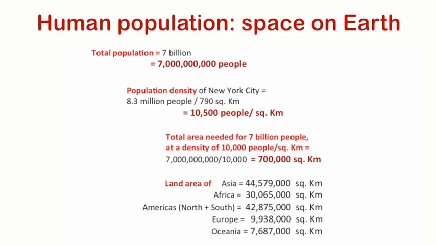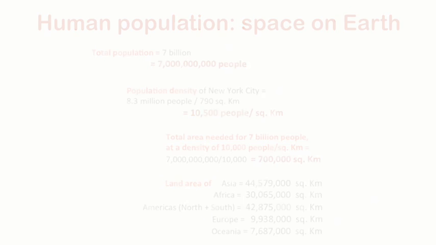So space on the surface of the Earth to accommodate the human population is not really the limiting factor. Instead, it's the impact of the human population and human activity on the rest of the Earth and its resources which is the real problem. Population is part of the problem, but it's not the whole story. It might not even be the most important part of the story.